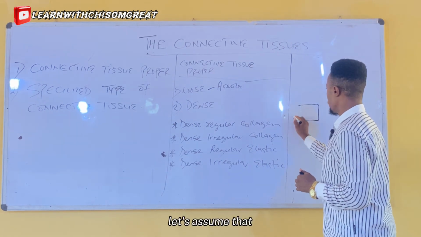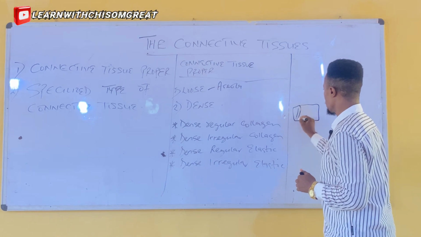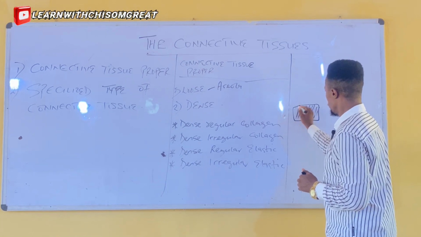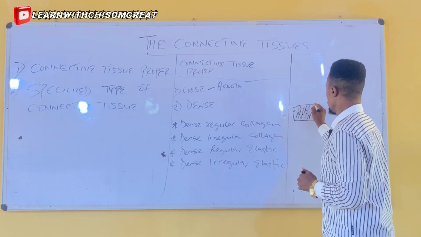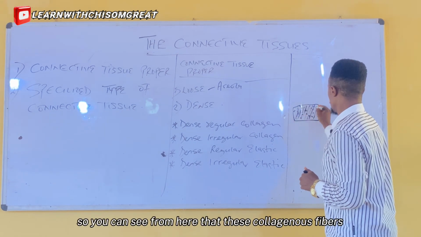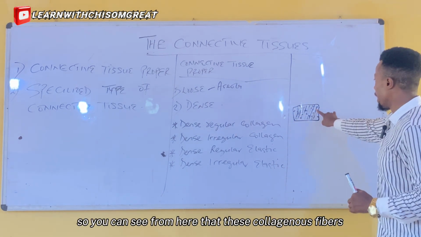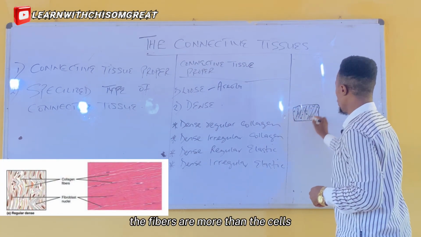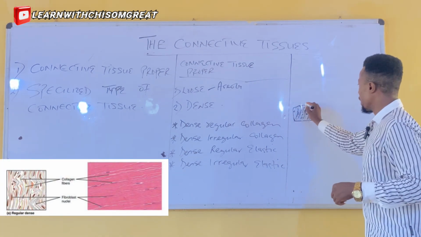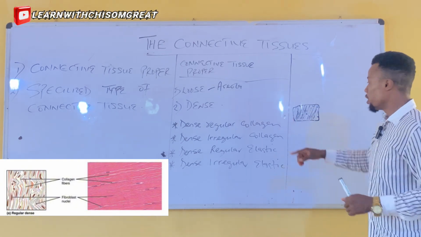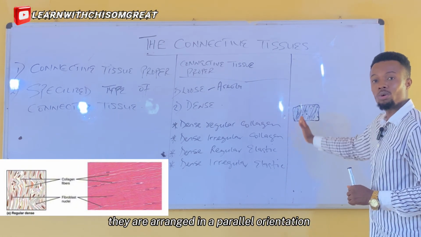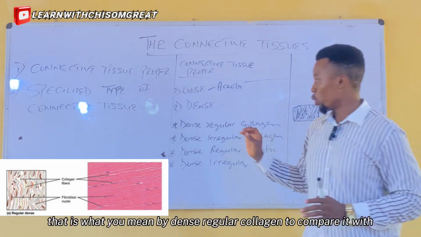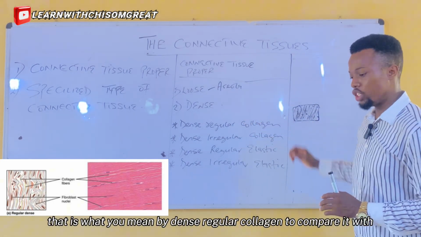Let's assume that these are collagen fibers. So you can see from here that in as much as the fibers are more than the cells, the fibers are arranged in a parallel orientation. That is what we mean by dense regular collagen.